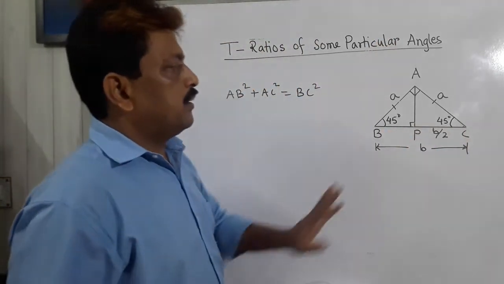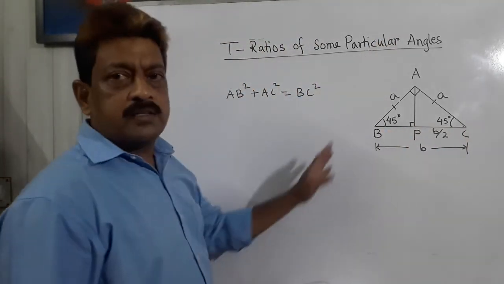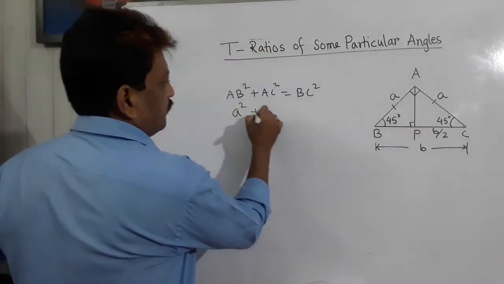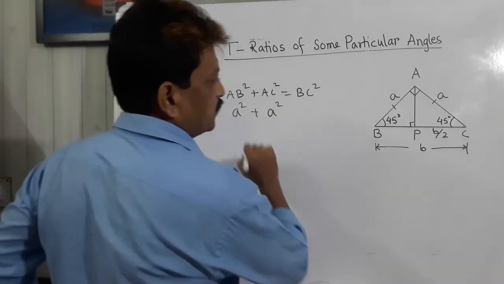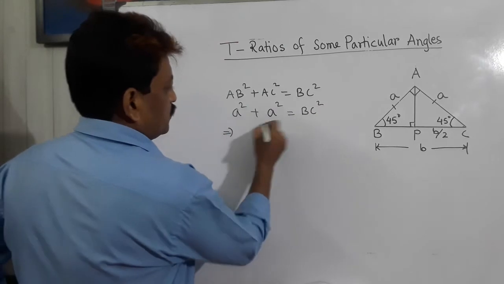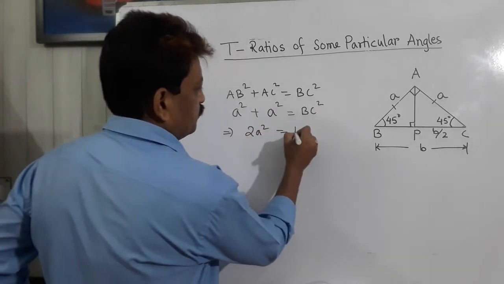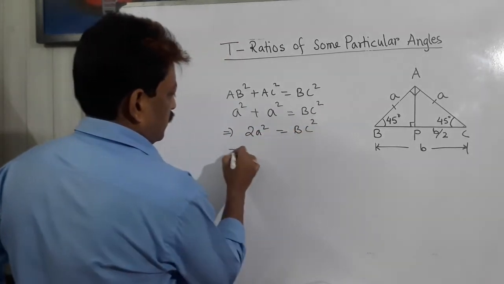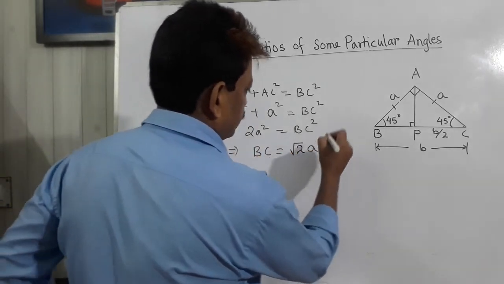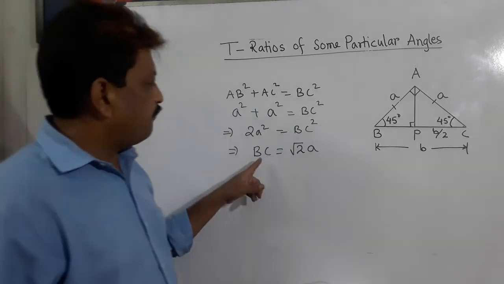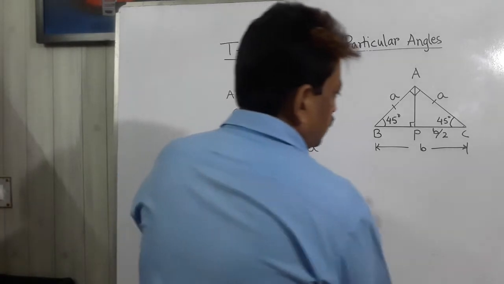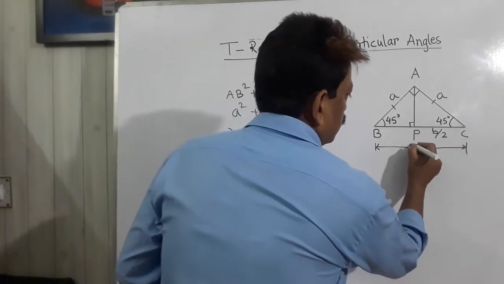Now AB is A, so A square, AC is also A, so this is also A square, equal to BC square. So 2A square equals BC square. Therefore BC is equal to root 2 A. So we have got the value of BC as root 2 A. In place of B we can write root 2 A.